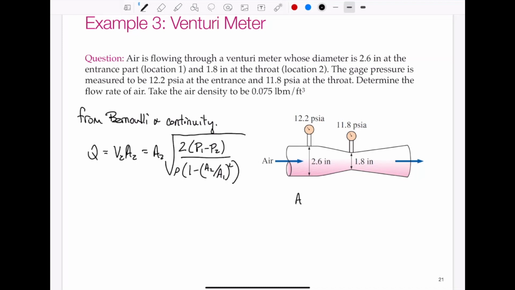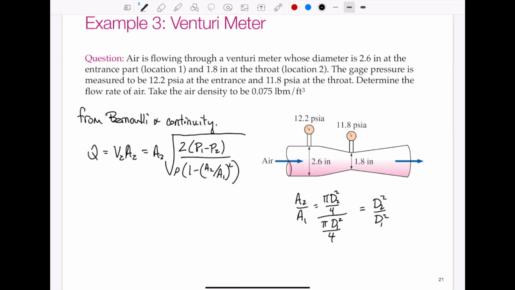We think of A2 over A1 as equal to pi d2 squared over 4 divided by pi d1 squared over 4. The pi over 4 terms divide to 1, and we're left with d2 squared over d1 squared.